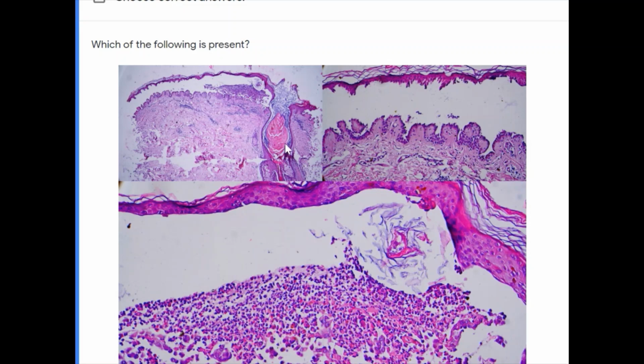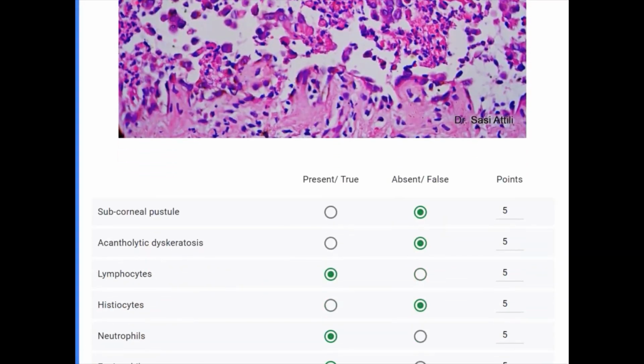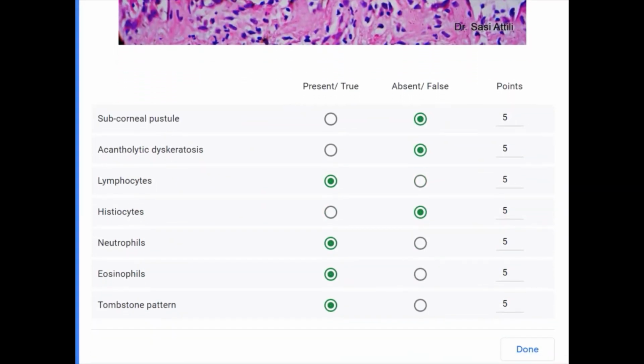Foliaceus may also have adnexal involvement, but it's usually restricted to the infundibulum on top. In vulgaris, you may find the acantholytic cells extending lower down the hair follicle.